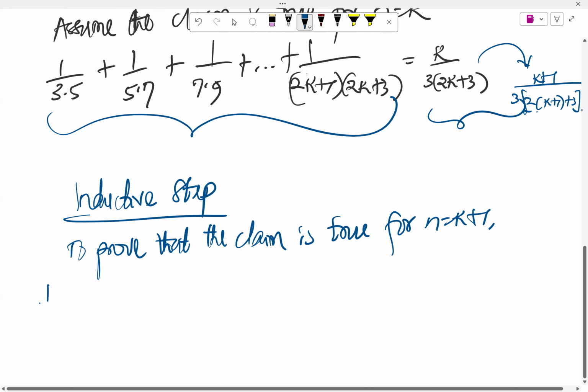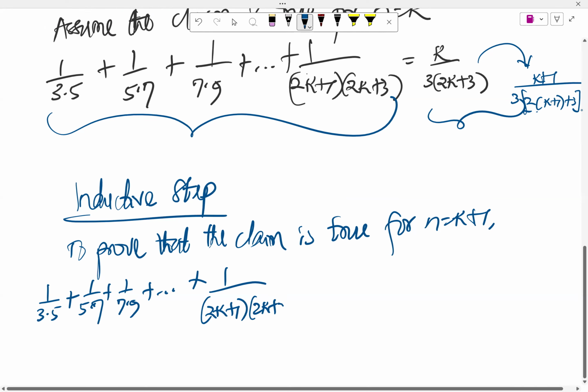So let's go. You have 1 over 3 times 5 plus 1 over 5 times 7 plus 1 over 7 times 9 plus all that plus 1 over 2k plus 1 into 2k plus 3. Of course, we are dealing with k plus 1 now, so you also have to add 1 over, for every k here, you have k plus 1 rather.